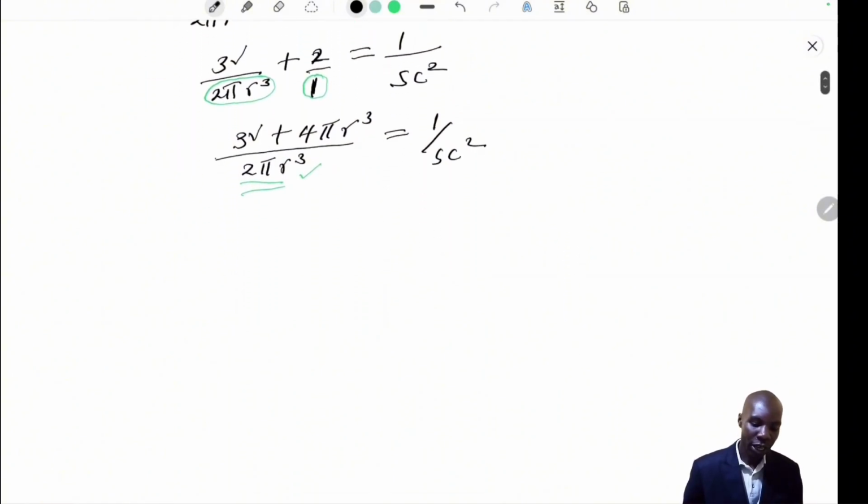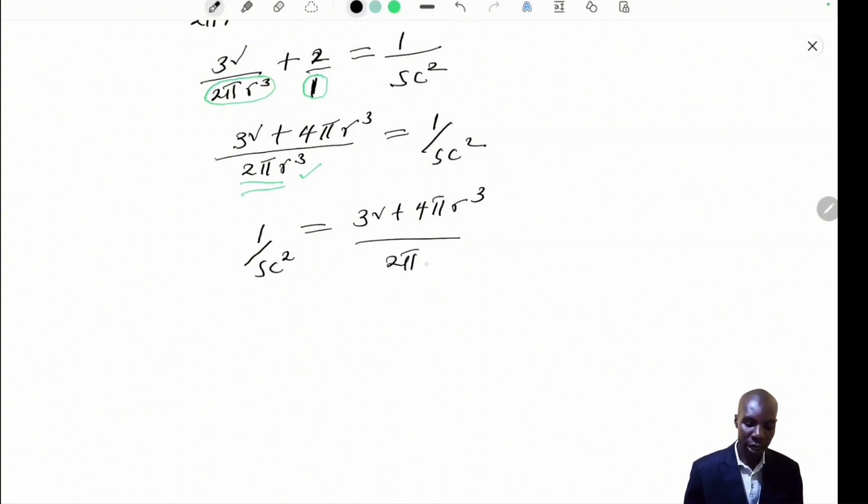So we can rearrange, bringing the one on the right hand to the left hand, and we'll have 1 over sc squared equals 3v plus 4 pi r to power 3 over 2 pi r to power 3.